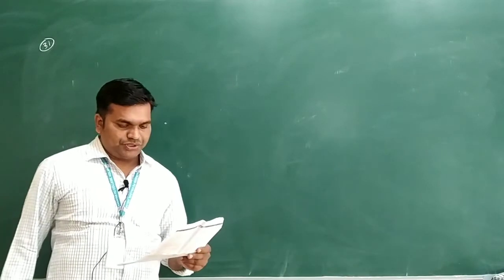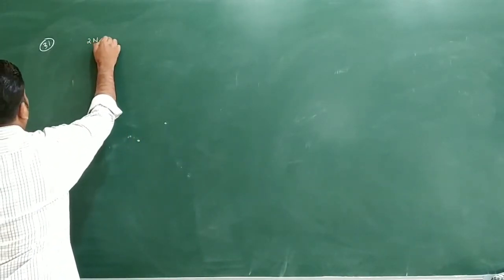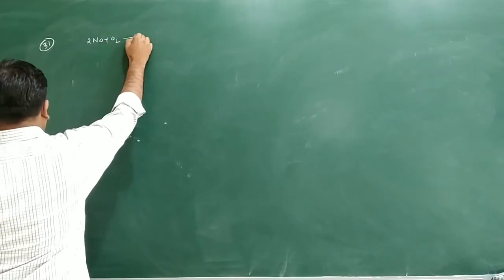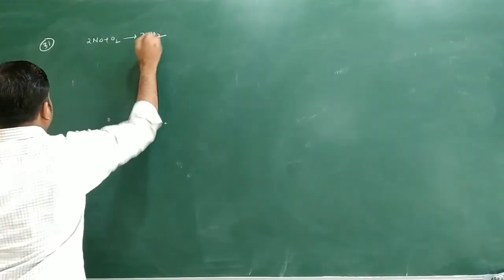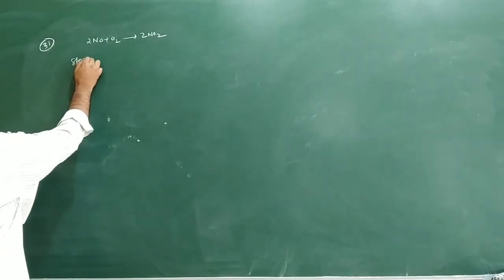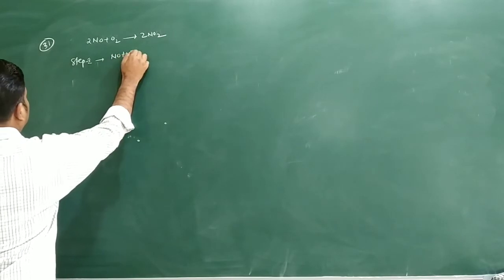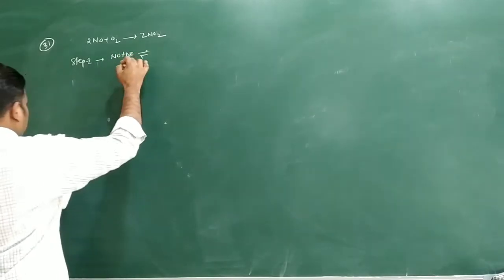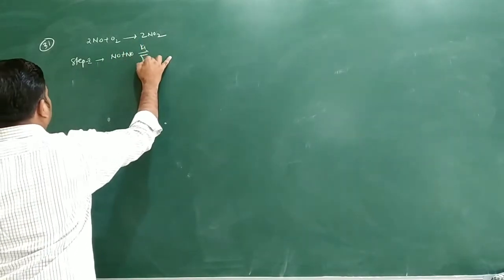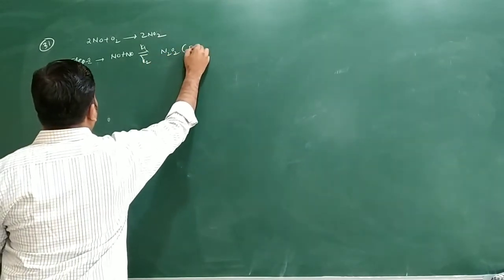See next, question 31. In the reaction given, 2NO plus O2 gives 2NO2. They have given two steps here. Step 1: NO plus NO, with K1 and K2, gives N2O2.